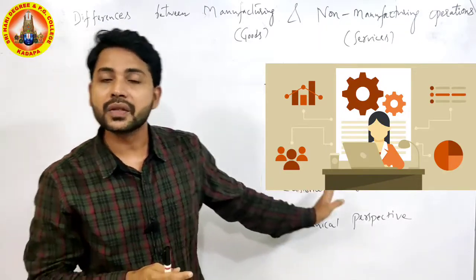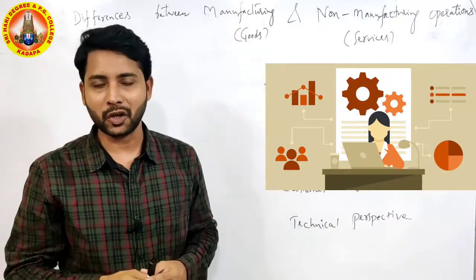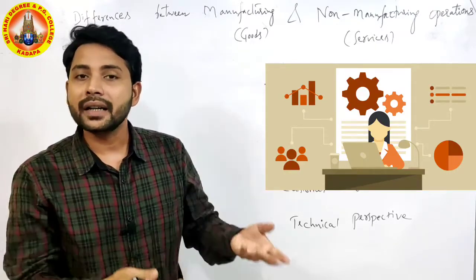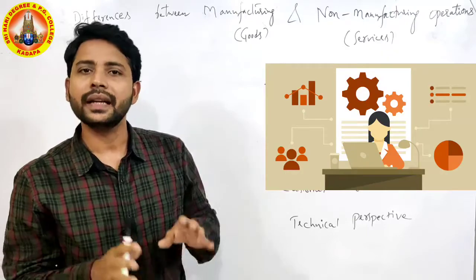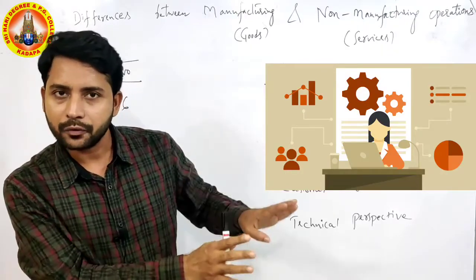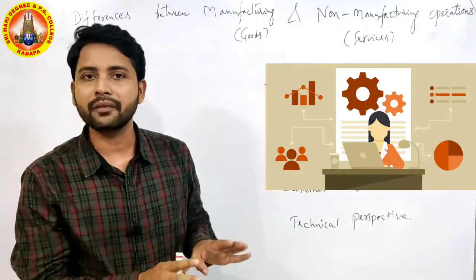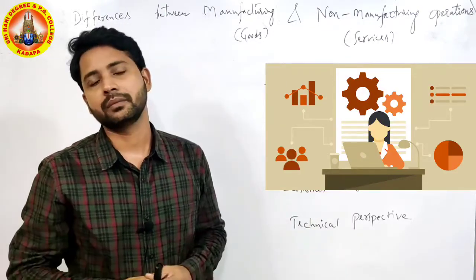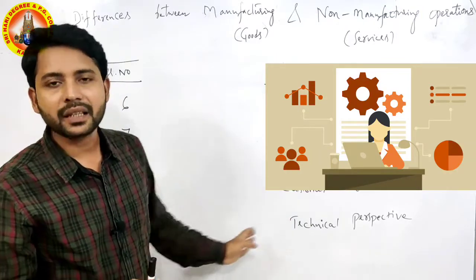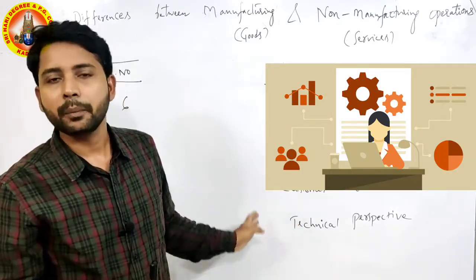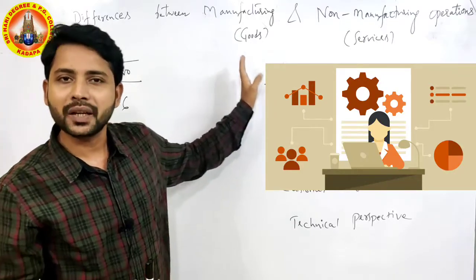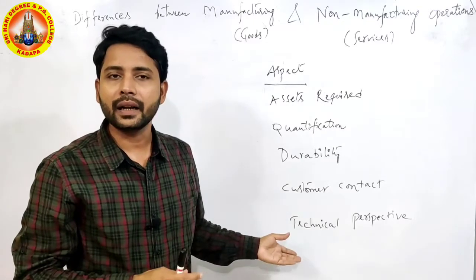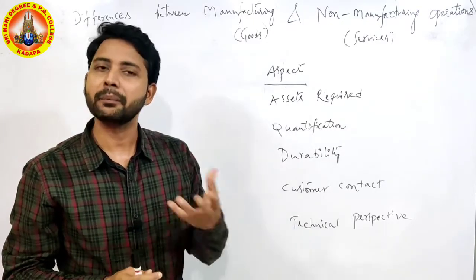Whereas services or non-manufacturing operations always adopt labor intensive methods. In the sense, they always focus on the availability of manpower. For them, the primary concern is manpower. In this way, you can distinguish the differences between manufacturing and non-manufacturing operations, which helps you understand the concept in brief.